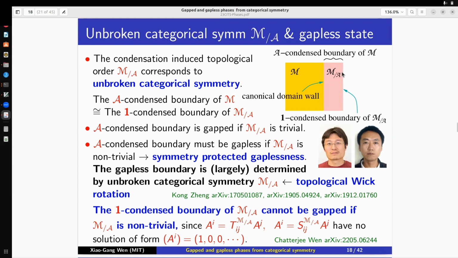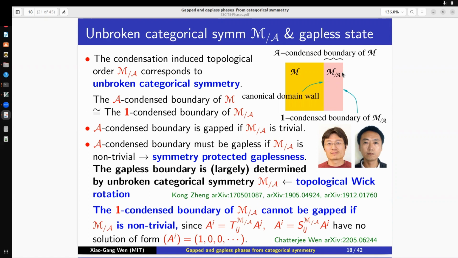That gives you the A-condensed boundary. So this gives you the general picture. The maximum or Lagrangian condensed algebra gives you a gapped boundary, classifying gapped phases. Then we hope a non-maximum one gives rise to a gapless boundary, and so we have an understanding of gapless phases.